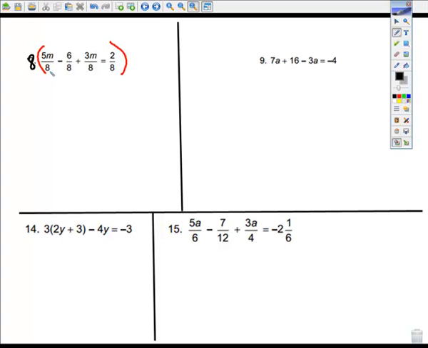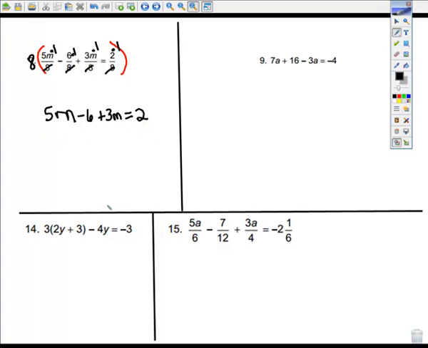So the way that you do this, and pay special attention, we're going to have another one down here with 15. 8 divides into 8 one time. So I do 5m times 1 is 5m. 8 divides into 8 one time. Negative 6 times 1 is negative 6. 8 divides into 8 one time. So this is plus 3m equals 8 divides into 8 one time. 2 times 1 is 2.